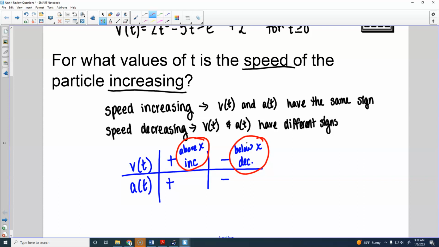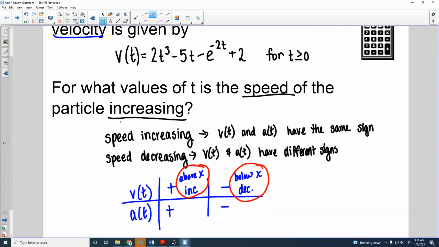Correct. You could look at the derivative, but you don't even really have to look at the derivative for this one. You could just graph velocity, and you're looking for those increments where you're positive and increasing.